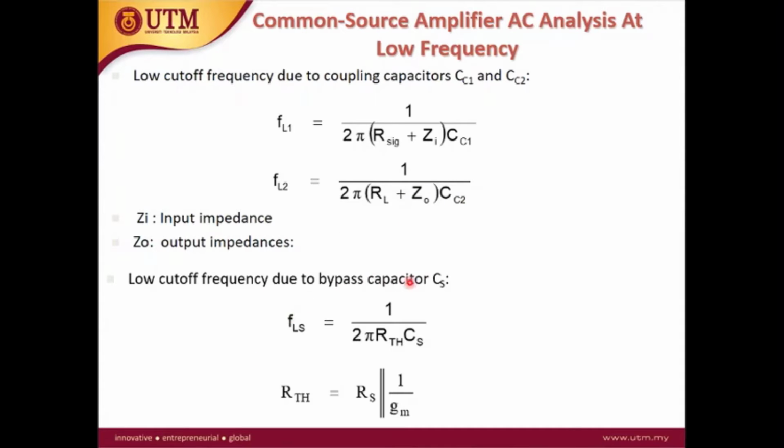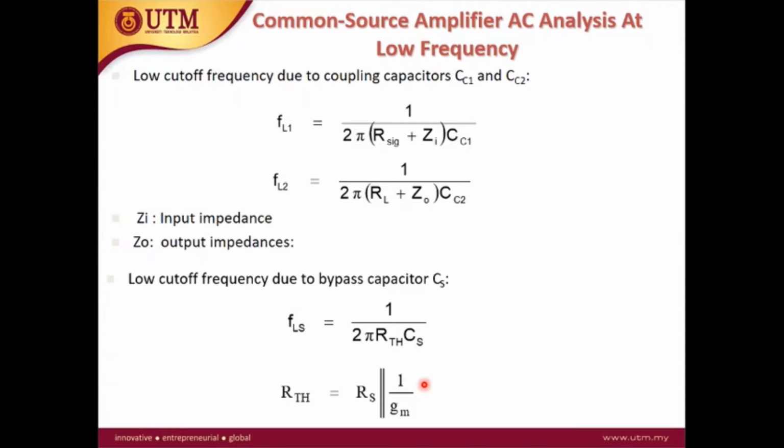And the last one, the bypass capacitor, is 1 over 2 pi times the Thevenin resistance at that point times the bypass capacitor. So what is RTH? RTH at that point is RS in parallel with the impedance seen from the source point of the transistor, ZS. The ZS is equal to 1 over GM.